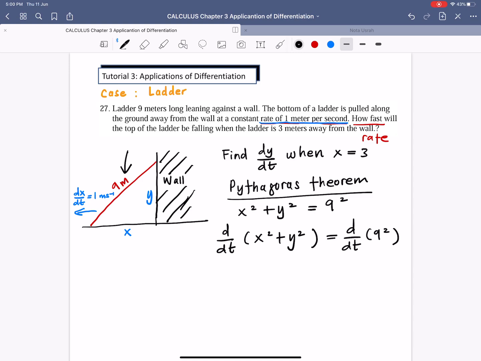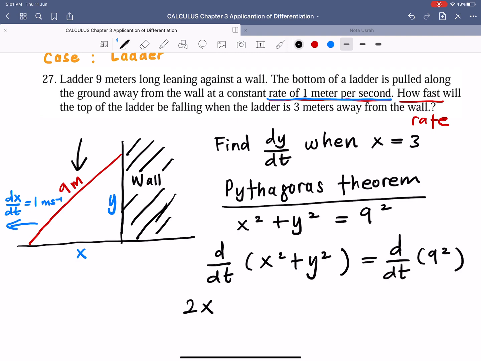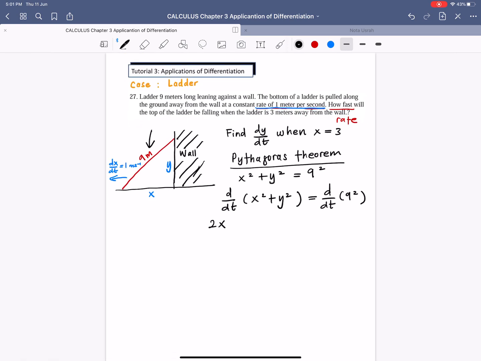For the left hand side, we differentiate x squared as usual, 2x, but since we differentiate with respect to t, we have dx/dt. Plus, we differentiate y squared as usual, 2y, times dy/dt.